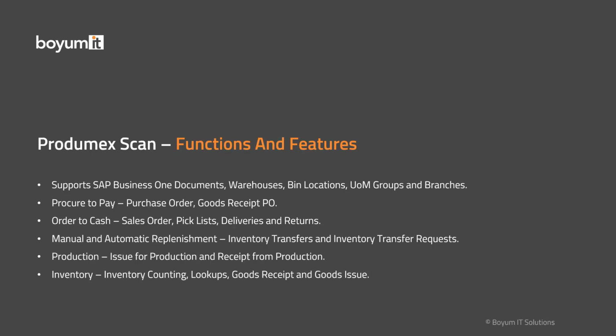Also, the lookups allow users to query the inventory directly on the mobile device. So the user has the information about all the inventory regarding warehouses or bin locations, in the case that we are managing SAP Business One bin locations.